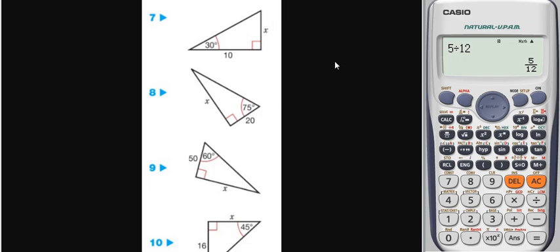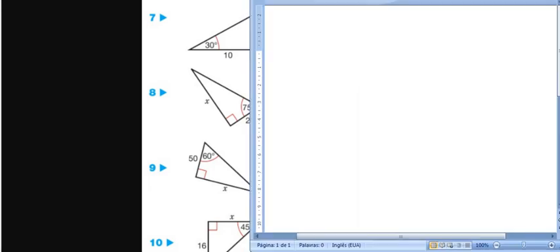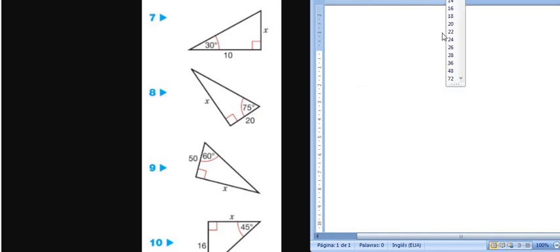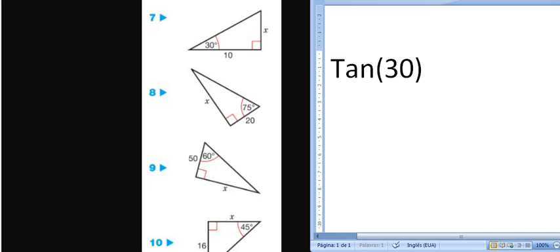So the idea here is that you have this. I don't want to spend too much time here writing, but the tangent of the angle 30 is going to be equal to X divided by 10.